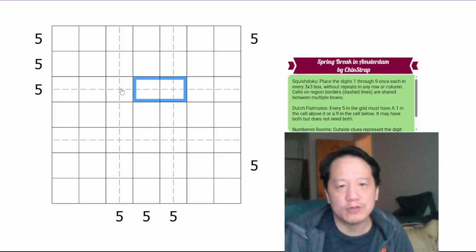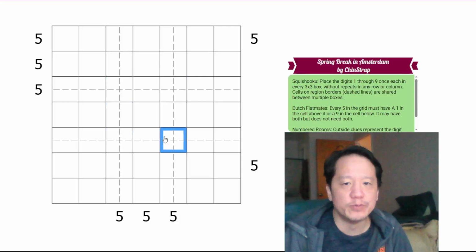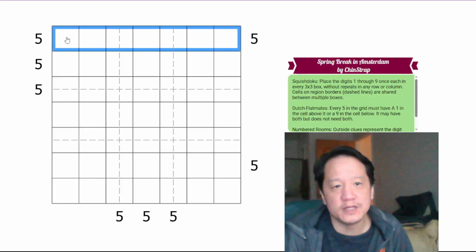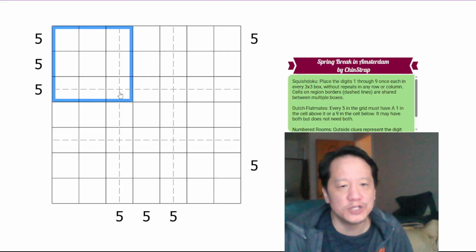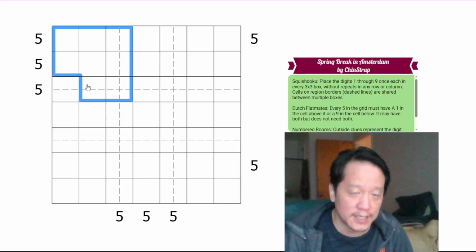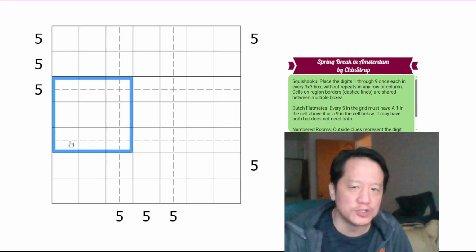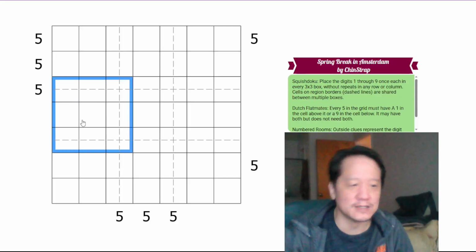The way that I would phrase this would be that in every cell in the grid, place a single digit from 1 through 9, such that there are no repeats in any row, column, or designated 9-cell region. I guess you could say cells on region borders are shared between multiple boxes there too, but it just basically cleans things up, in my opinion.